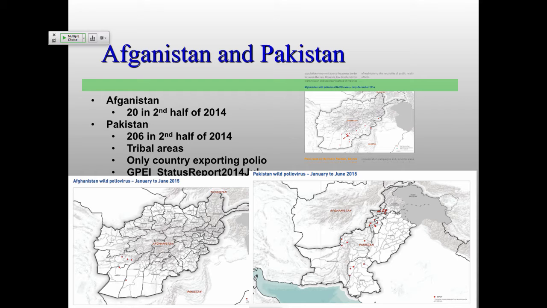Now, there are some issues with that. And the major one has to do with reporting. How do you know if there are polio cases there? And are they being appropriately reported? And there's a whole set, and I'll give you some of the links if you want to take a look at this a bit later on. But basically, it has to be some kind of acute flaccid paralysis. So again, the same kind of thing you see with arms or legs.